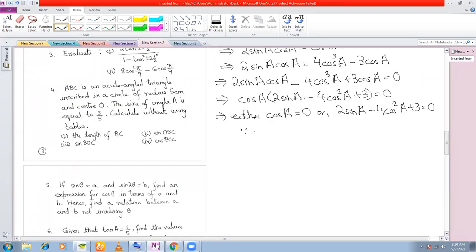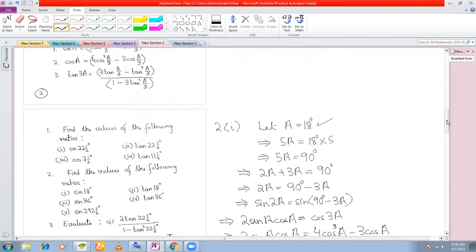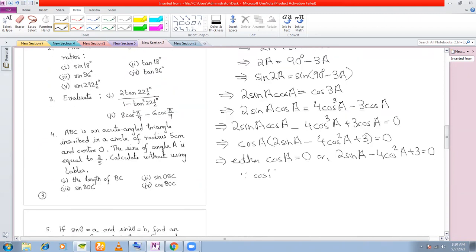Now, since cos A is not equal to 0, what is the value of A here? A here is 18. Is cos 18 equal to 0? No. Since cos 18 degree, let's say, is equal to cos A not equal to 0, therefore, the other one must be equal to 0.